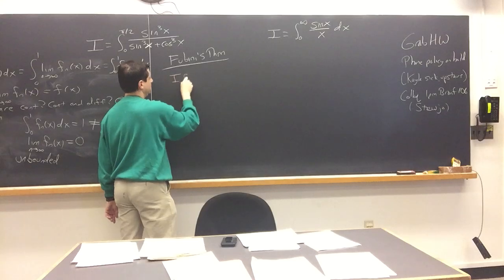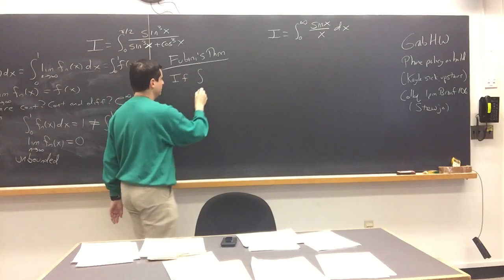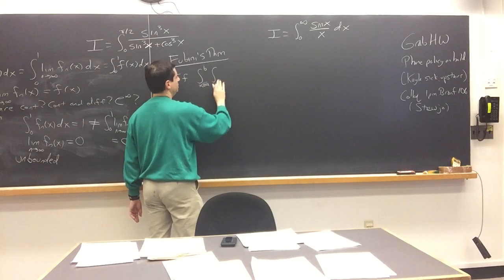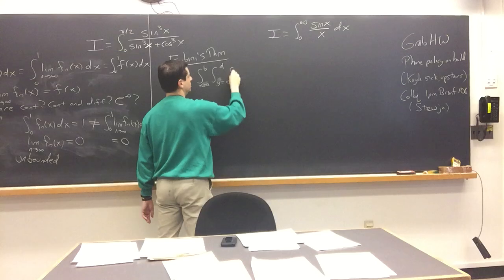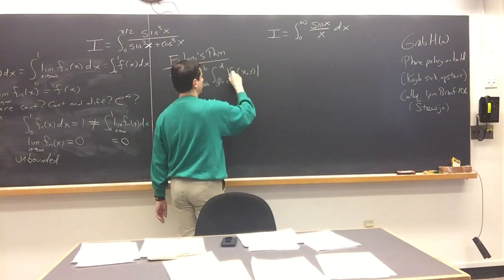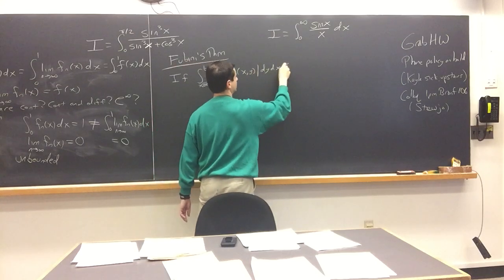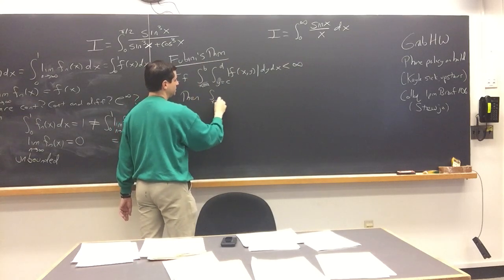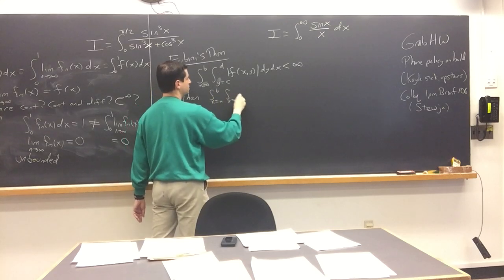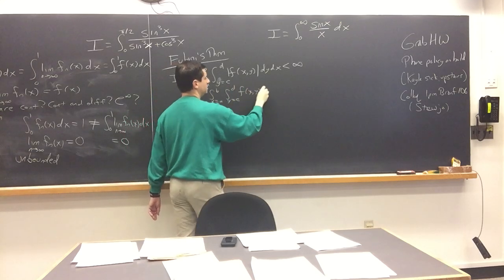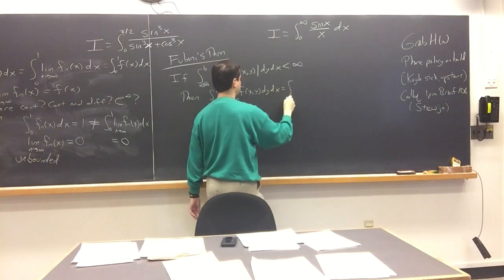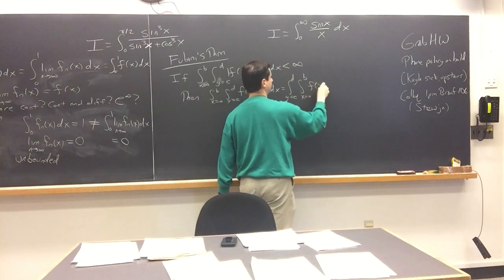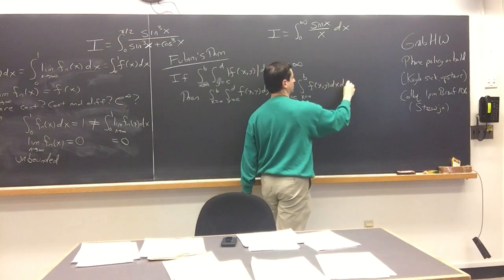So I'm going to just do an easy version. If the integral over x from a to b, y from c to d, of the absolute value of f of x, y, dy dx is less than infinity, then the integral from x equals a to b, integral y equals c to d, f of x, y, dy dx equals the integral y goes from c to d, integral x goes from a to b, f of x, y, dx dy.